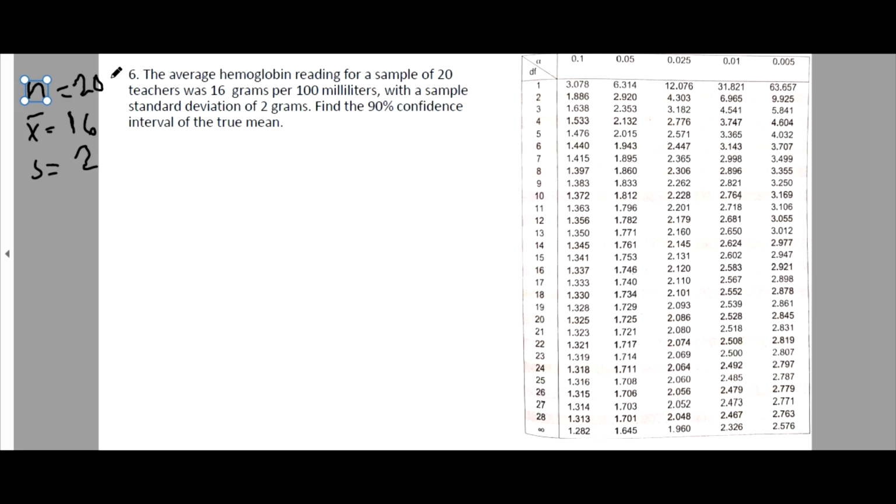So we will use t because our n is less than 30 and our sample standard deviation is given. So both are satisfied.